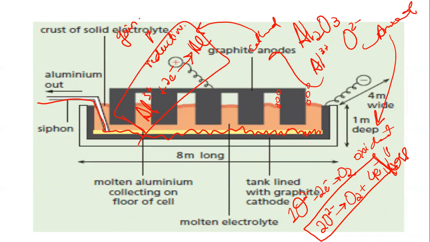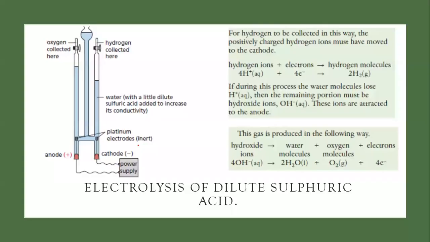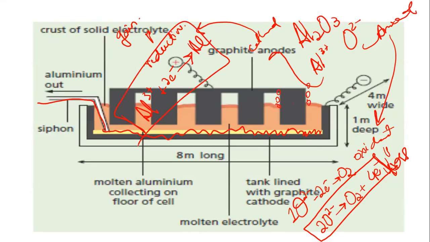Final thing that I want to add about our aluminium. In the electrolysis of aluminium, we have a slight problem. The anode has to be changed regularly. We have to keep on replacing the anode. What is the reason for that? The reason is that because we're using graphite anodes, the carbon of the anode reacts with the oxygen.